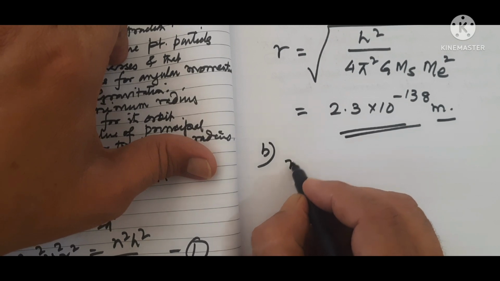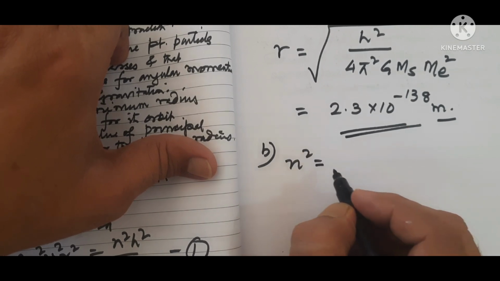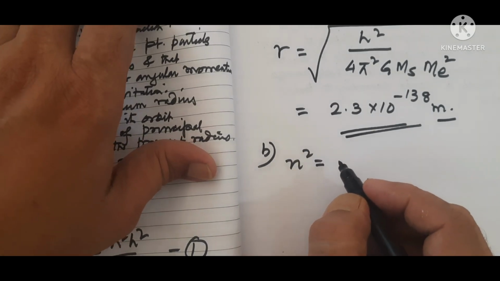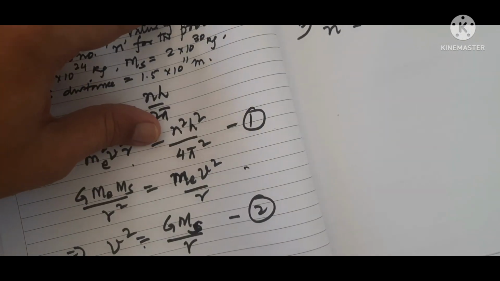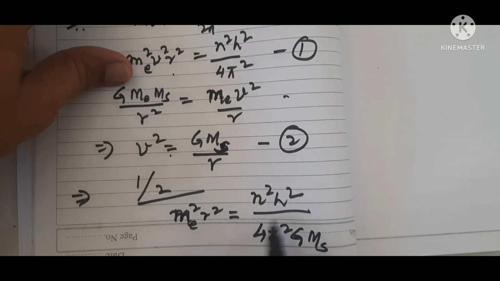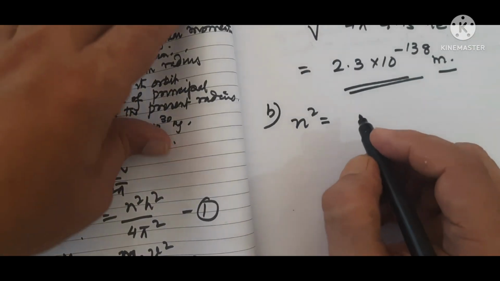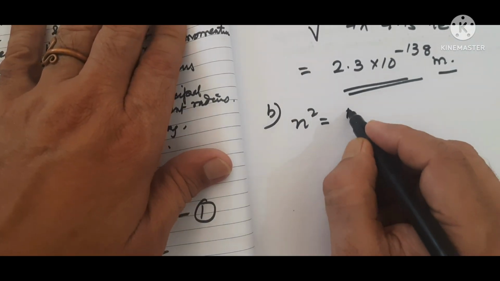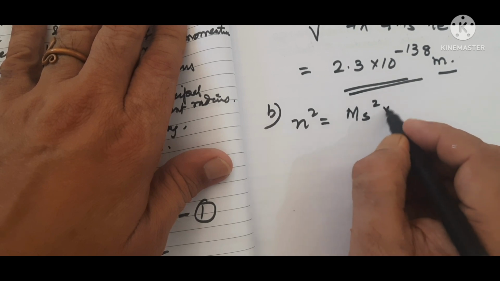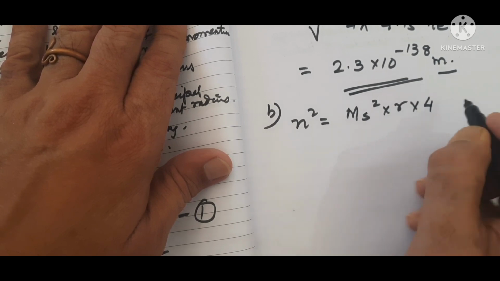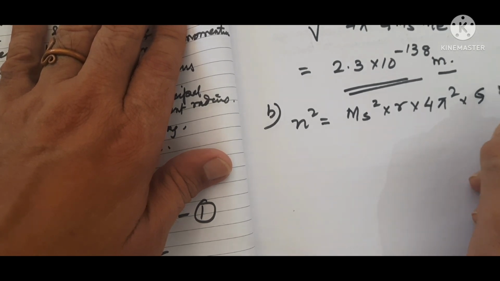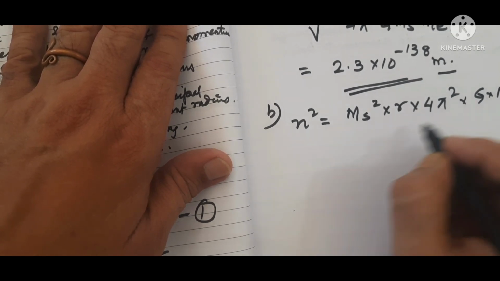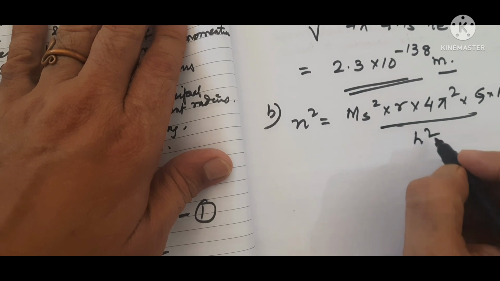Now n square अगर निकालना होगा तो हम यहाँ पर क्या करेंगे, उसी फॉर्मूला से, ये जो फॉर्मूला आया था, इसी फॉर्मूला से n स्क्वायर का वैल्यू निकालेंगे. तो ये हो जाएगा M_s स्क्वायर इंटू r इंटू 4 pi स्क्वायर इंटू capital G into mass of the sun by h square.